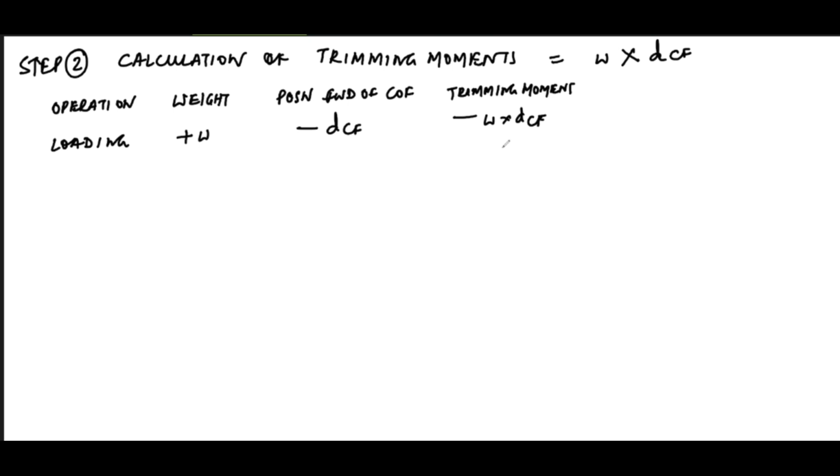Now we know by now what is the trim or change of trim. We can calculate. Sir, minus W into DCF upon displacement plus weight. We don't use displacement in trim.